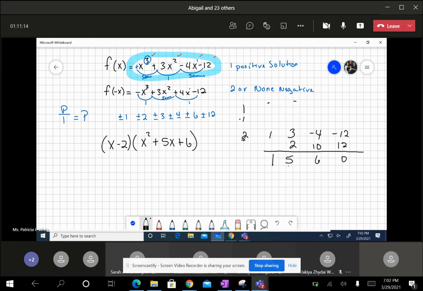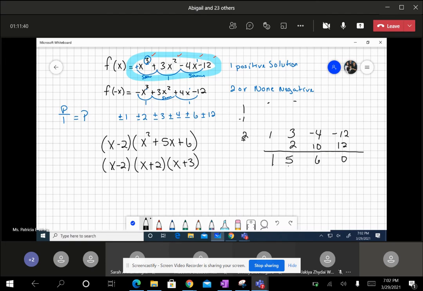Or can I factor x squared plus 5x plus 6? What could I multiply to get a 6 that would add up to that 5? Good. So I have x plus 2 and x plus 3.